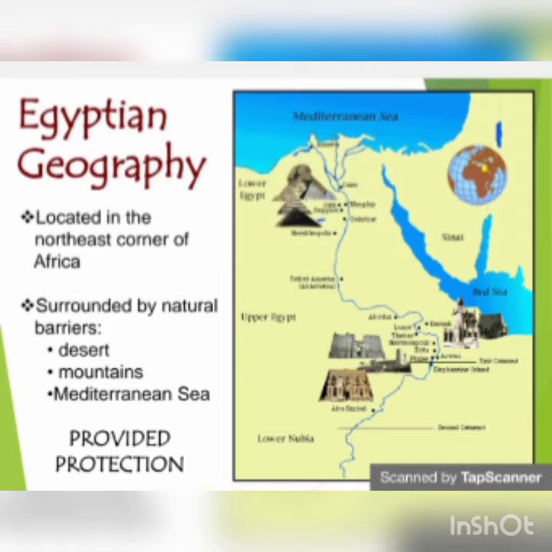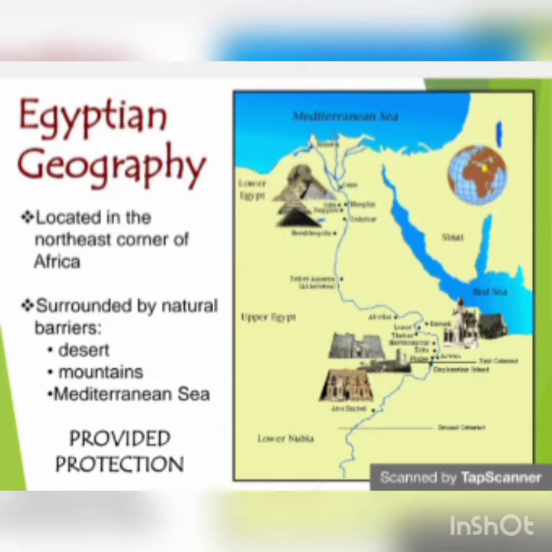It's an African country, located in the northeast corner of Africa and surrounded by natural barriers, that is deserts, mountains, and the Mediterranean Sea.